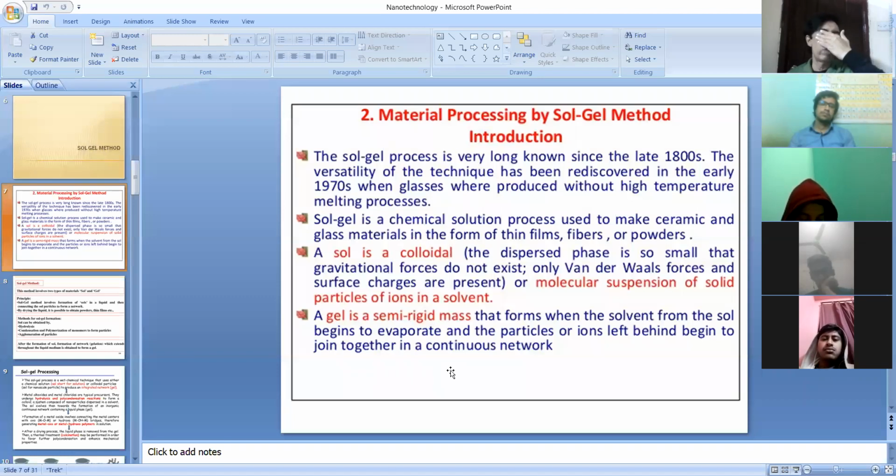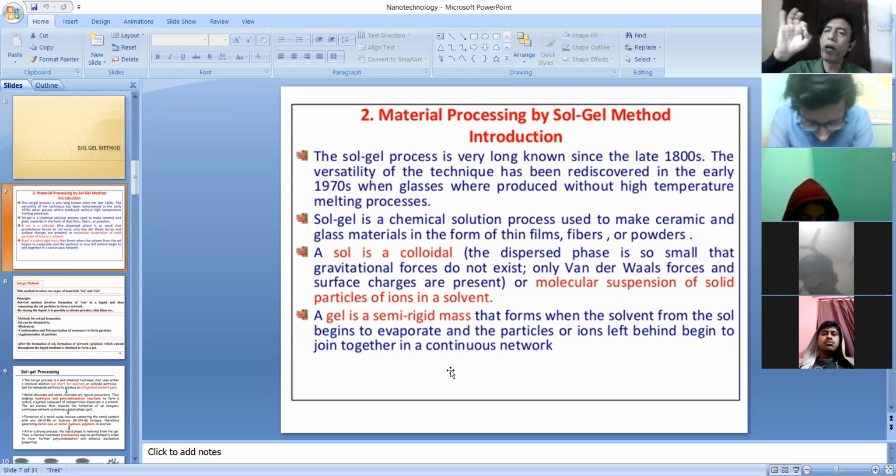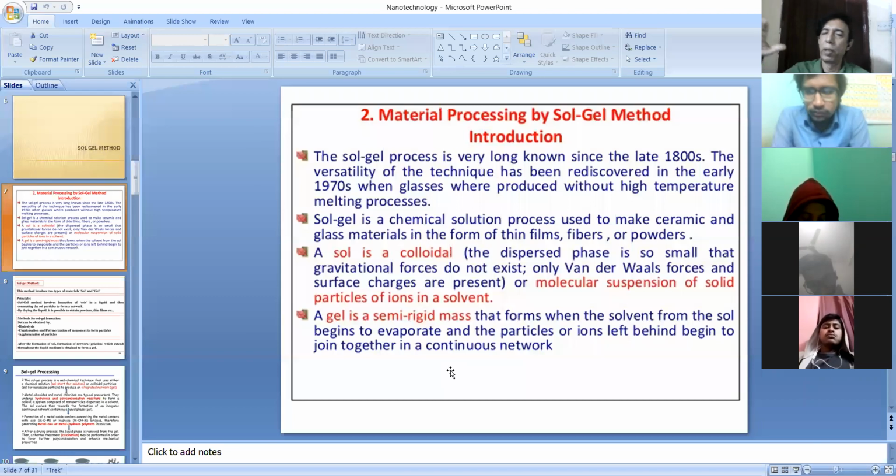In the Tyndall effect, you have seen that when sunlight falls in any place, you will see some small particles floating there. That is the Tyndall effect. So this is sol, where the dispersed particle is so fine that it cannot be sedimented.